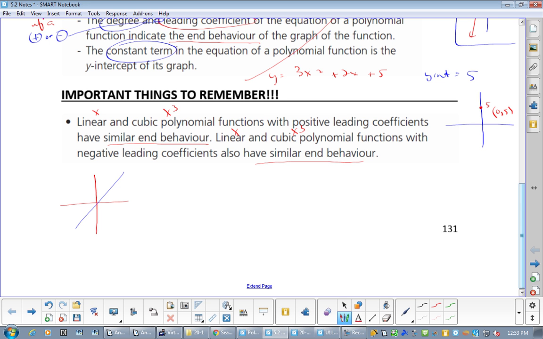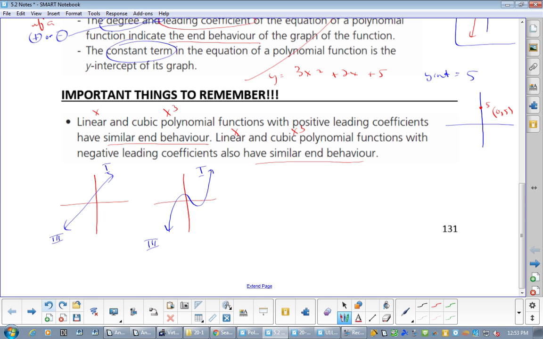Or I don't want to do that exactly. Like it can go like that. And a positive cubic polynomial would go like this. Do you see how they have the same end behavior? They start in 3 and end in 1. Start in 3, end in 1.